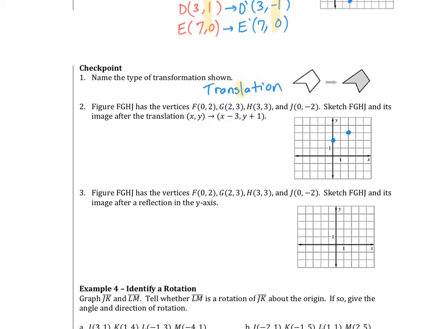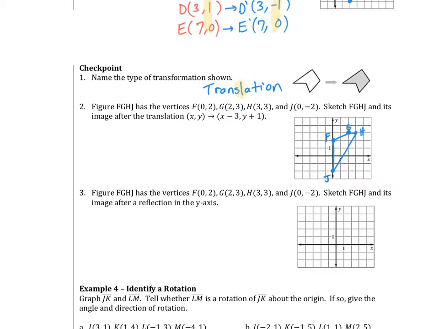H is at 3, 3. And J is at 0, negative 2. Okay, so if I connect these dots, that's what F, G, H, and J will look like.